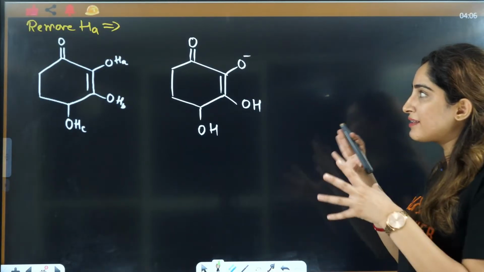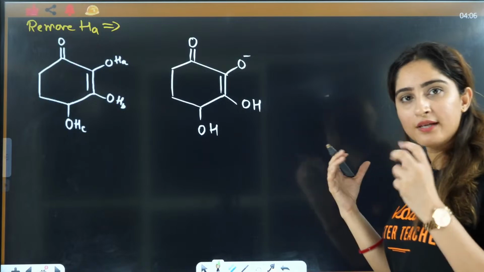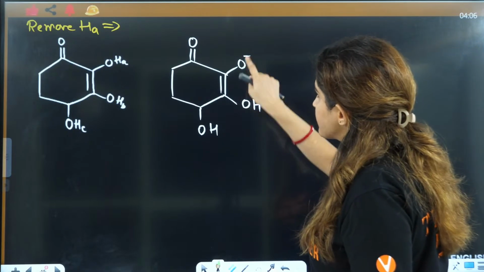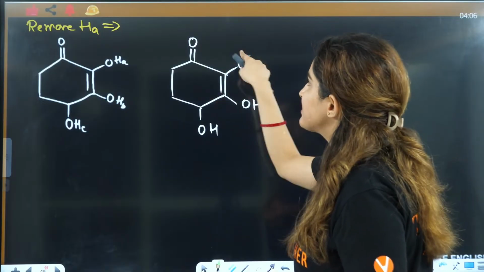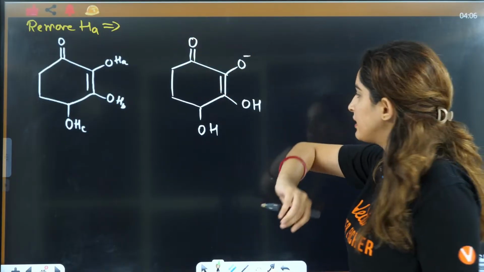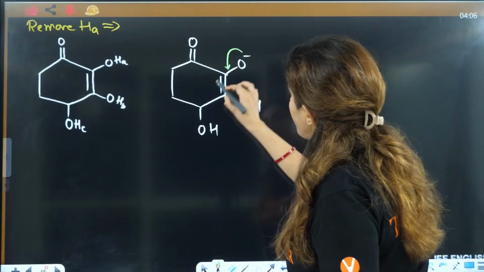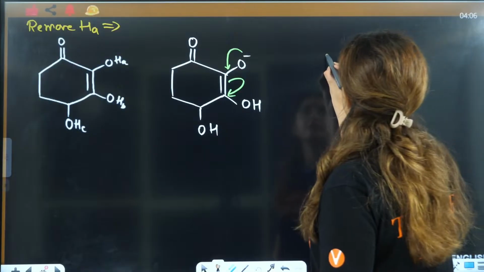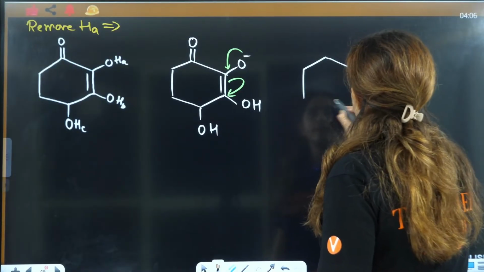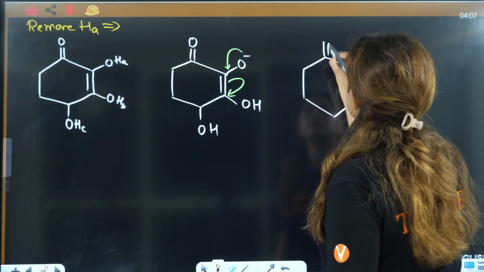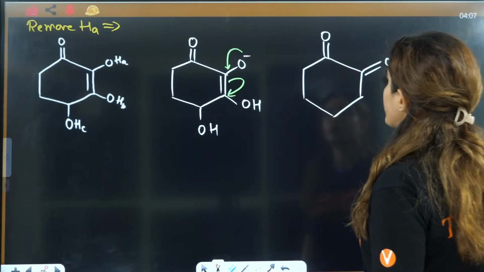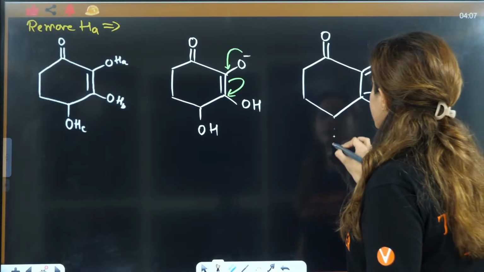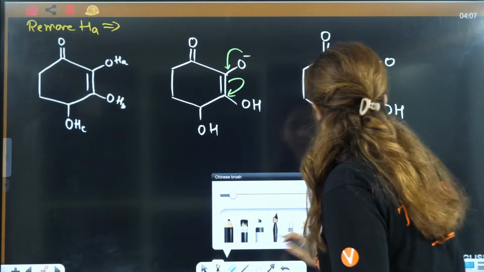Now you need to see whether this structure is forming any resonating structures or not. Try to draw it. This is negative, single bond, double bond. That way it is not forming any resonating structure. This way, the double bond will shift here, and you will have a resonating structure: this is double bond O, this is double bond O, and this is OH, this is negative, this is OH, right?